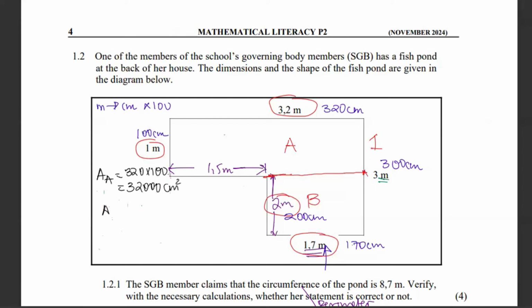Then we go to B. Still the same way, we multiply the 2, which has become 200, times 170. 2 times 170, you get 34,000 centimeters squared.